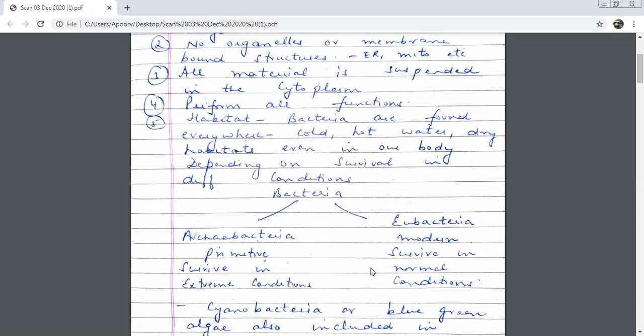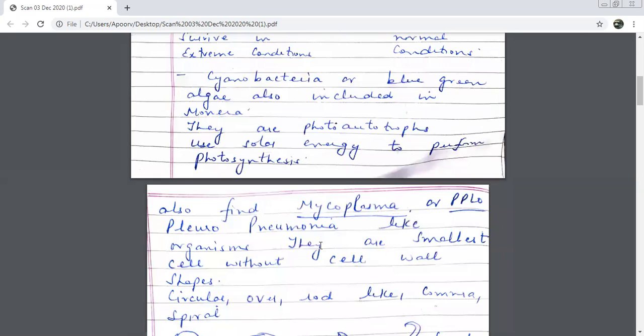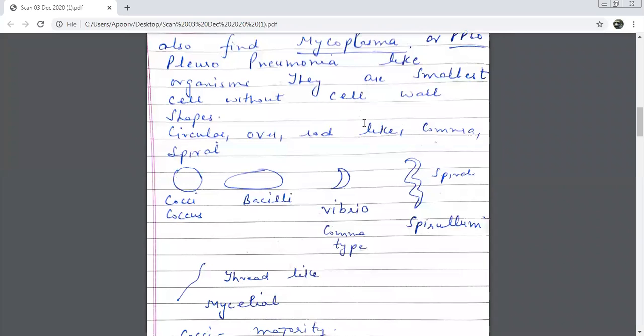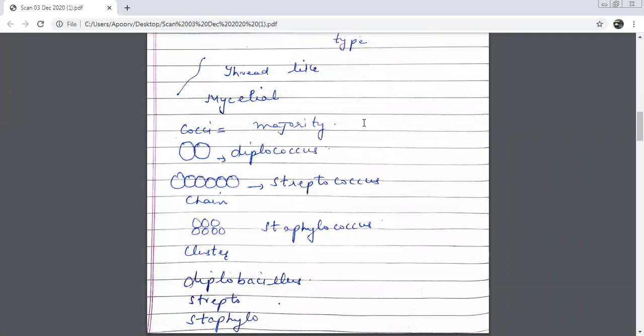Smallest cells with cell wall or without cell wall? Without cell wall. Mainly, how many members have you done, beta, in Monera till now? You have done 4. Now let us classify them on the basis of shapes. Name them very quickly. Coccus, Bacillus, Spirillum, Vibrio. Bacillus and Spirillum. Mycelial.